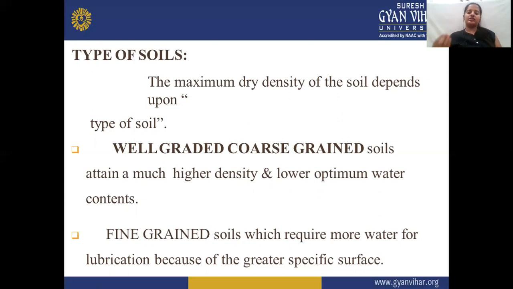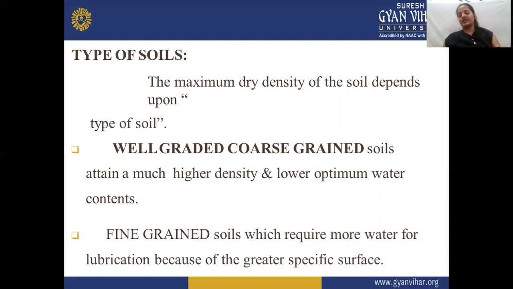Here the water content goes above the optimum limit. The results can be calculated, but it is highly recommended to have soils which are well graded and coarse grained when compared to fine grained soils. For fine grains, we have to understand the alternative of adding more water to achieve that specific amount of compaction.